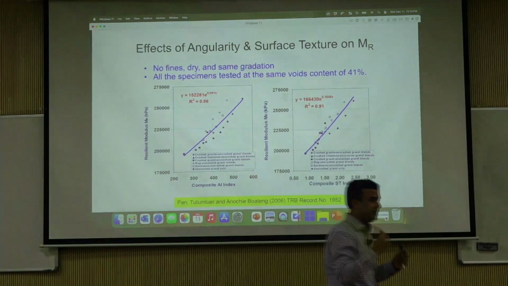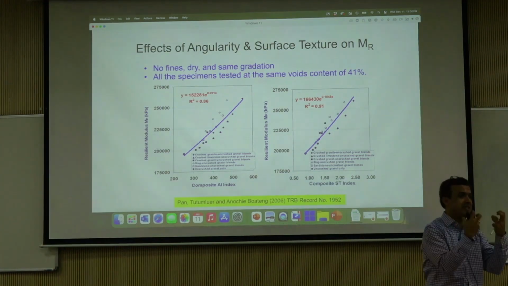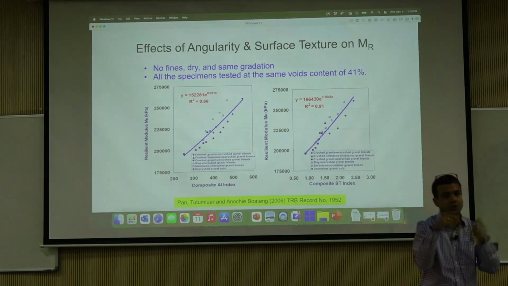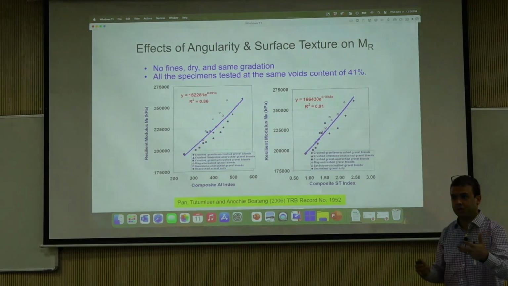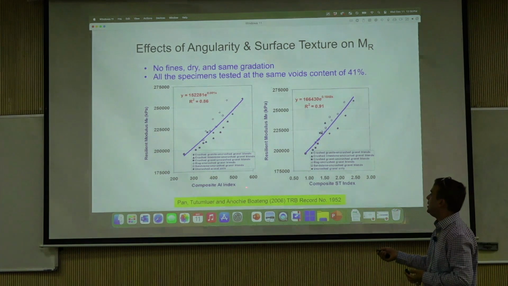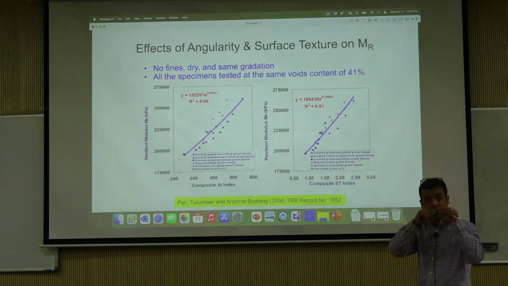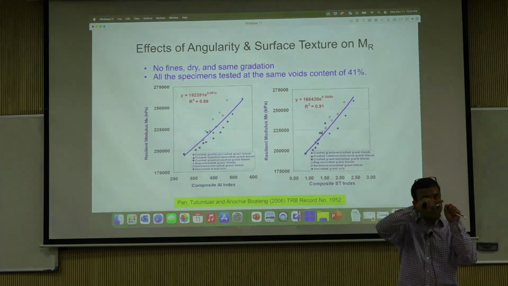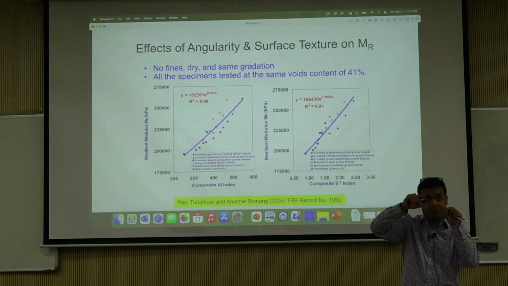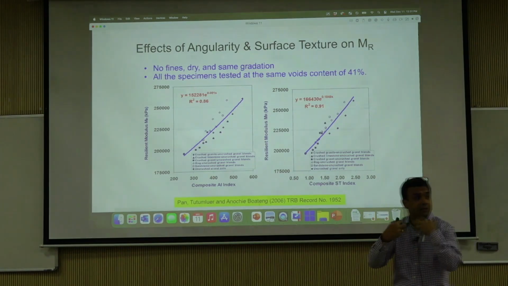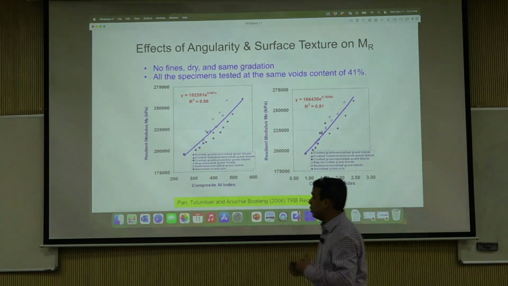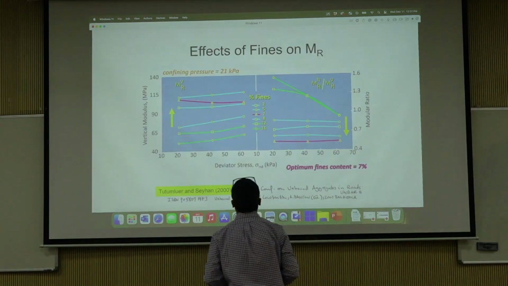We'll not go into the details. Higher angularity index means a very angular material; lower means it's uncrushed. As the angularity index increases, resilient modulus increases significantly. As the surface texture, the roughness of the surface, increases, that also increases your modulus. You see that significantly here.